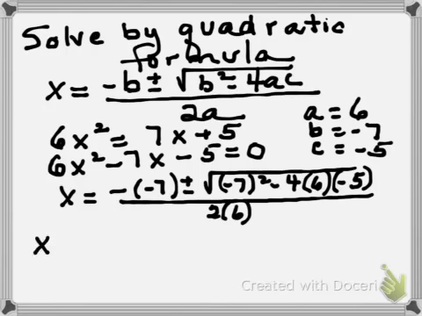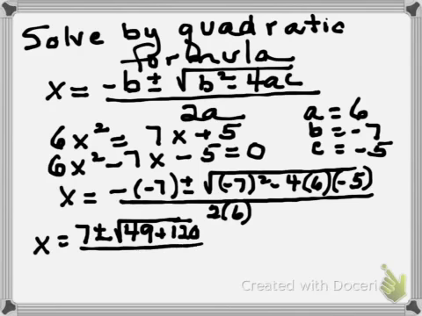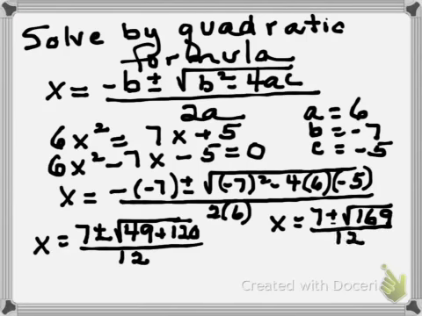Simplifying. x is equal to 7 plus or minus the square root of negative 7 squared, which is 49. A negative times a positive times a negative is a positive. 4 times 6 times 5 is 120, over 2 times 6 is 12. Keep simplifying. x is equal to 7 plus or minus the square root of 169 over 12.